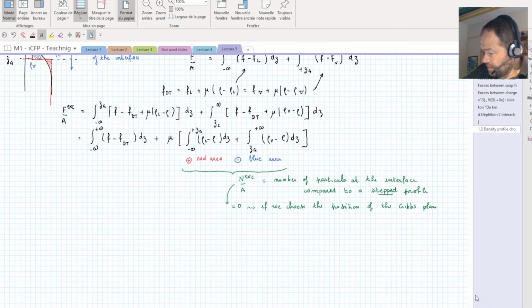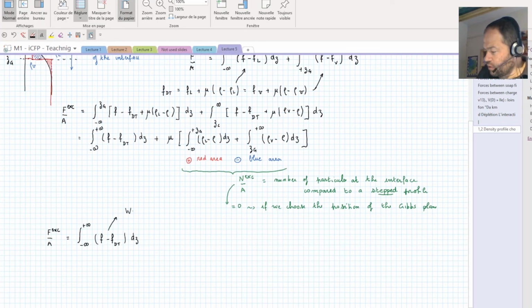then the excess free energy is equal to the integral from minus infinity to plus infinity of (f minus f double tangent) dz, and this we can call w.